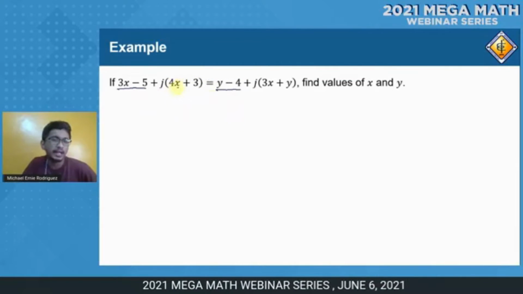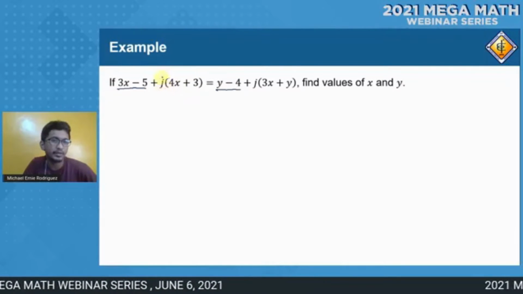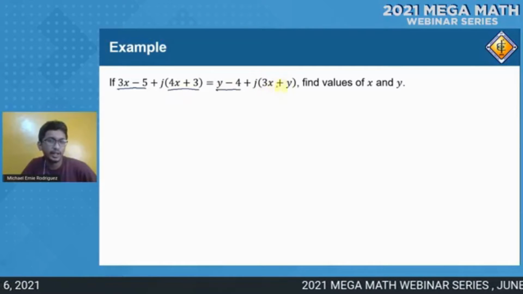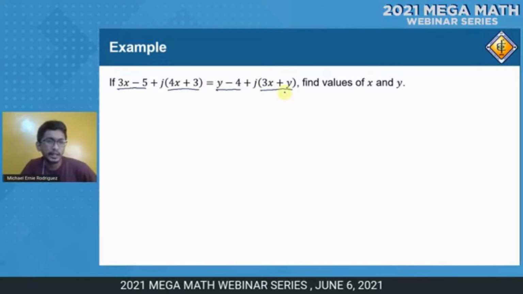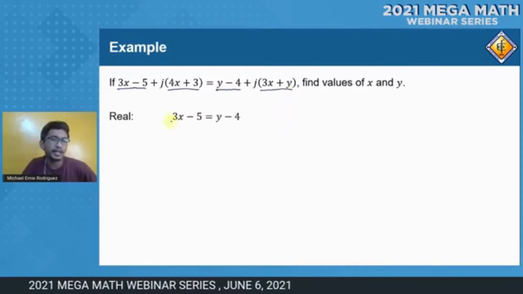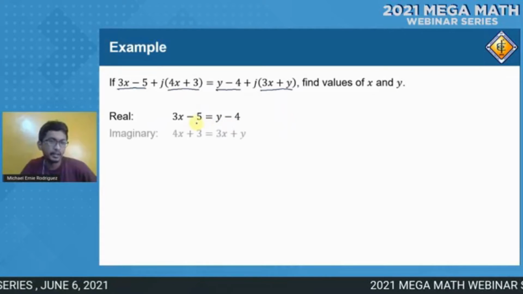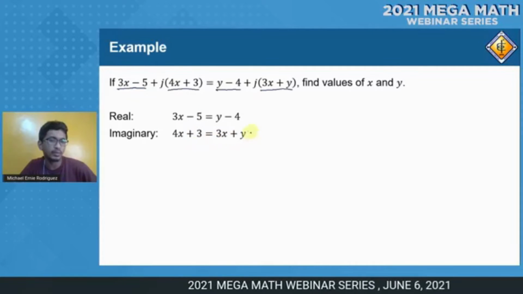And then, balik tayo sa kabila. Ang imaginary part naman dito sa kabila, on the left, is ito, yung kasama ng j, which is 4x plus 3. And on the right, we have 3x plus y. So, sulat natin yan. We have real, that is 3x minus 5 is equal to y minus 4. And then, imaginary, that is 4x plus 3 is equal to 3x plus y.